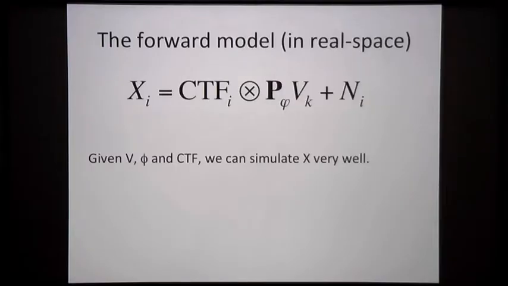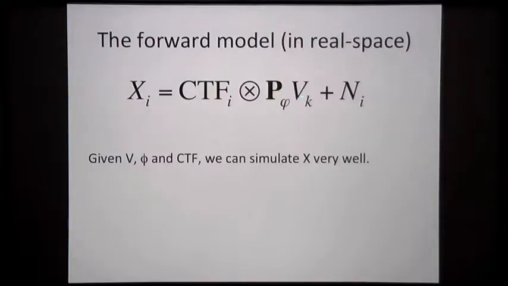Inverse problems are problems where one way of the problem is relatively easy. In this case, if we knew the three-dimensional map of our structure, then simulating an electron microscopy image wouldn't be too hard. We would apply some projection operator. You can do this in real space as these line integrals that we discussed in lecture 2, or as taking a slice out of the 3D transform as we've seen before in a certain direction, which I will call phi.